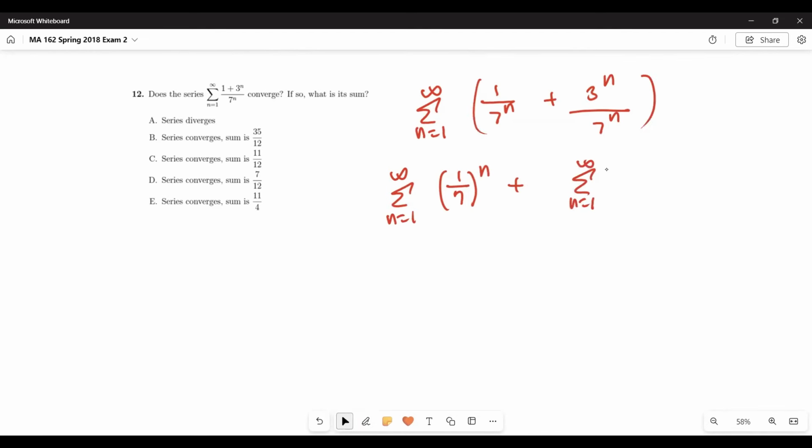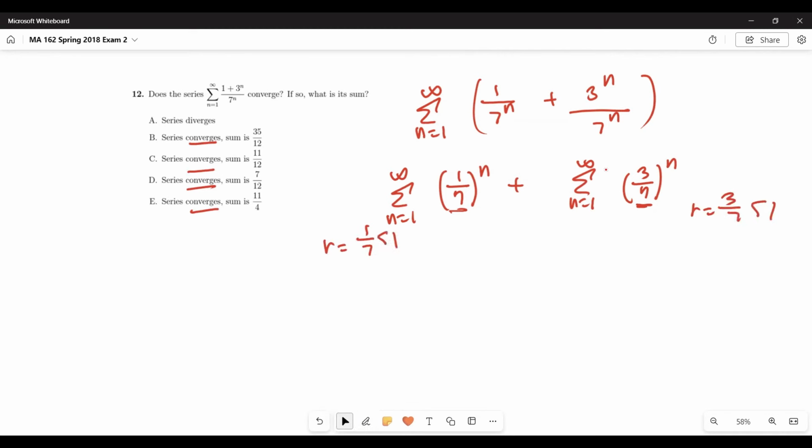Sorry, I forgot to put the brackets before. Since our ratio is less than 1, you can use the infinite geometric series and it's going to converge. It's because r is 1 over 7 and r is 3 over 7, which is less than 1 and less than 1.